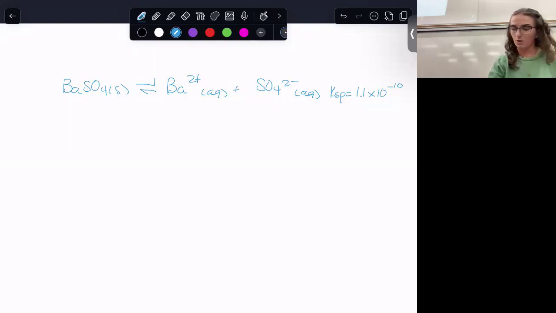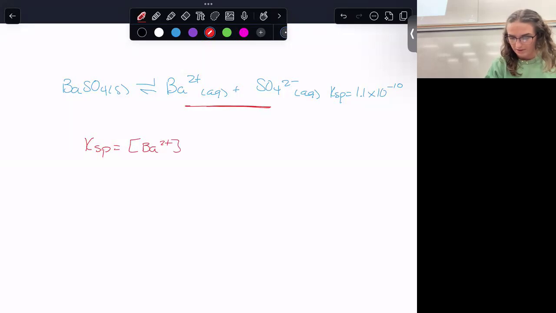It's just your products. We only care about our aqueous components, we don't care about the solid. So your KSP is equal to the concentration of your barium ion times the concentration of your sulfate ion. That's the only thing contributing to that value that we're given.